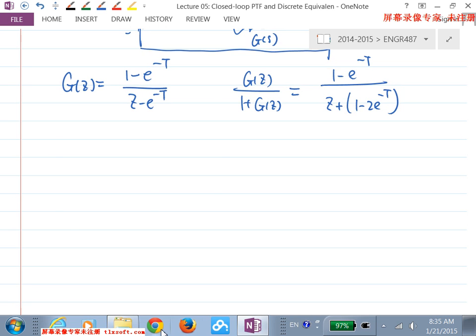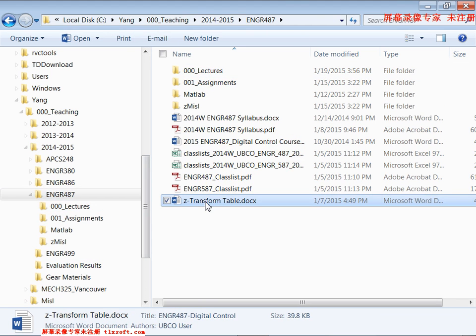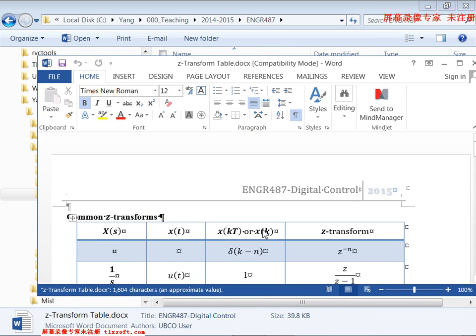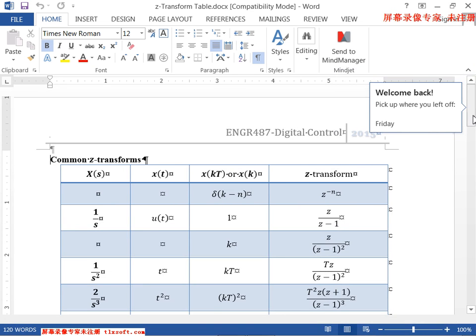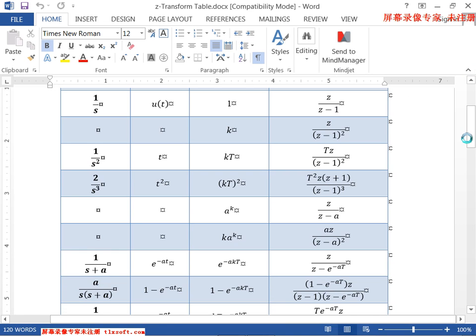Particularly, a transformation between these two and these two here is equivalent.